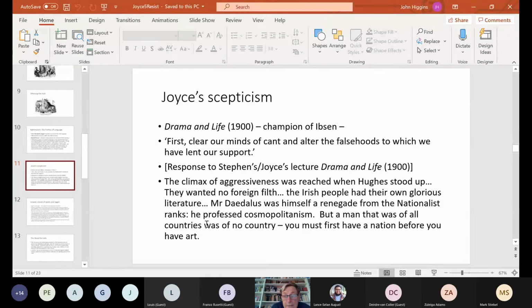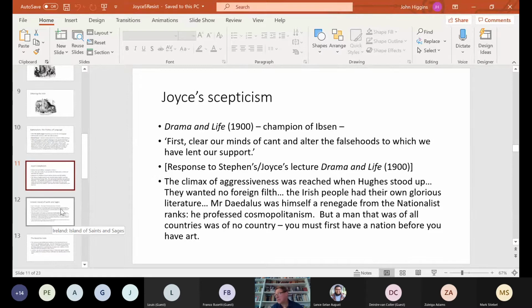In that draft, Stephen positions himself as professing a cosmopolitanism which is directed against the nationalist politics of the Ireland of his time, of the Irish literary movement of his time.